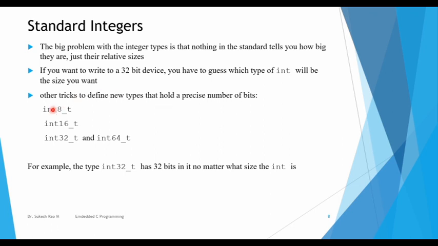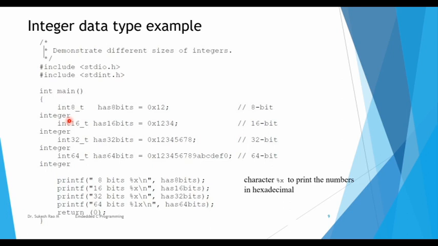That is done with declarations like int8_t, which restricts your int data type to 8 bits, int16_t, int32_t, and int64_t. So here int16_t means it defines 16 bits for one data. The memory of 2 bytes will be reserved for 16 bits, and the memory of a single byte will be reserved for 8 bit data. So you can restrict it in that way. That's how the declaration is made. So here is an example.